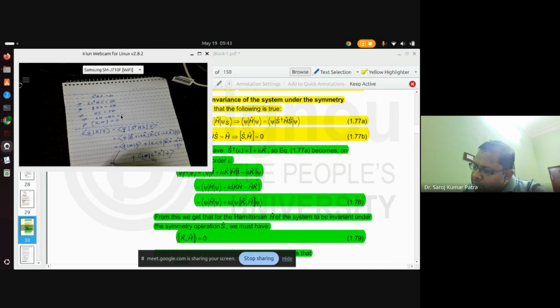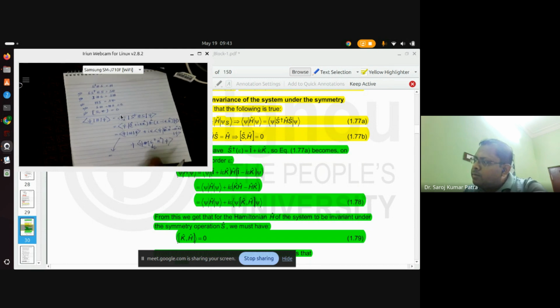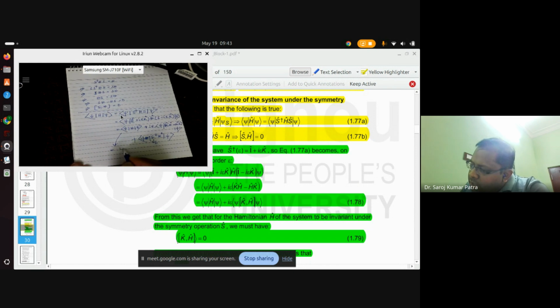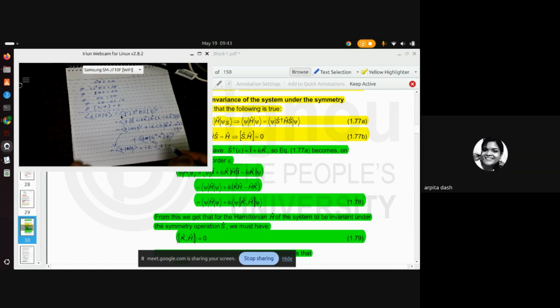So this will now be equal to psi H psi plus I epsilon KH minus HK. It is nothing but the commutator, right? 0.